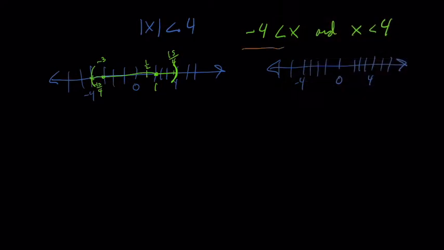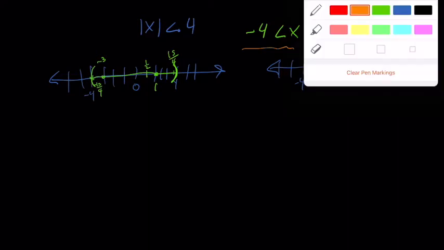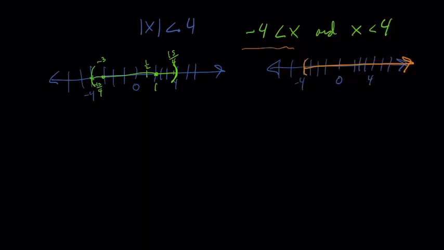So let's say x is greater than -4. We're going to graph that in orange. Let's let red be where x is less than 4. So if we're looking for the intersection, which is and, this is where these overlap, okay? So my solution set is from -4 to 4.